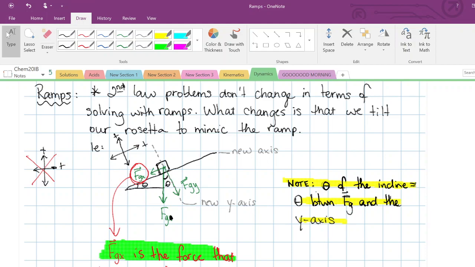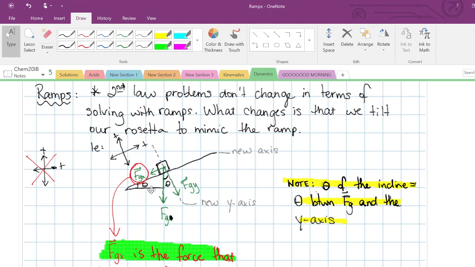Now, as a result of this rotation of the x and y-axis, the force gravity is sitting at an angle to the x and the y-axis, or the perpendicular and the parallel axes. And the thing to note is that when that happens, the angle that's formed between the y-axis and force gravity is equal to the angle of the incline.